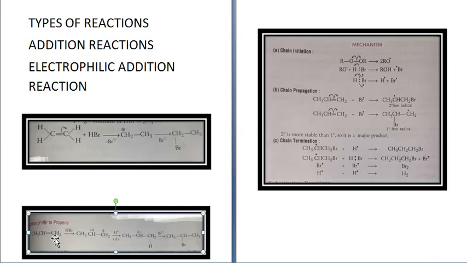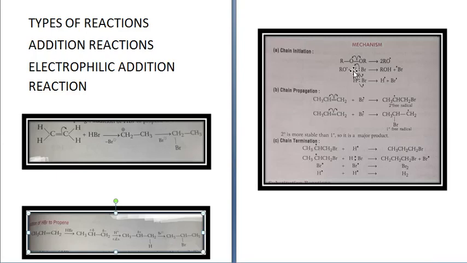Now the mechanism of free radical addition reactions takes place in 3 steps. First is chain initiation. So in chain initiation what happens? See, ROOR will change to 2 RO free radicals.